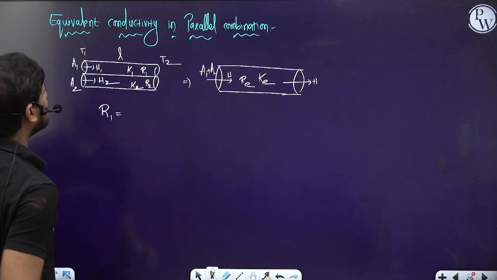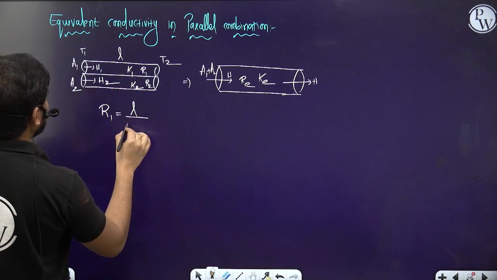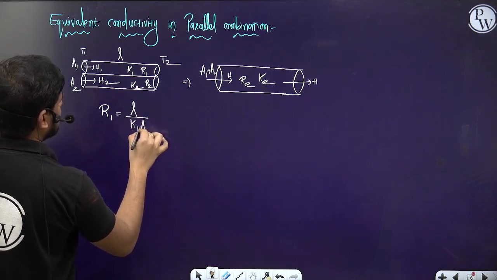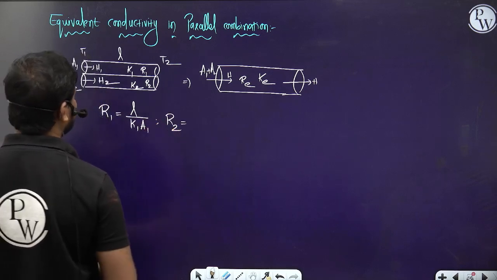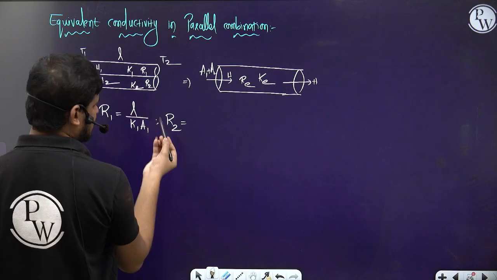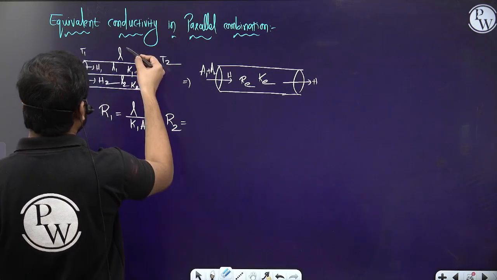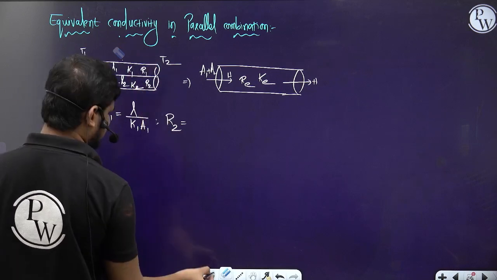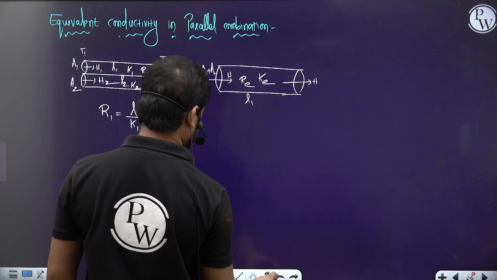First let's write the R1 formula. What is R1? The length L by K1 A1, and R2 is L by K2 A2.